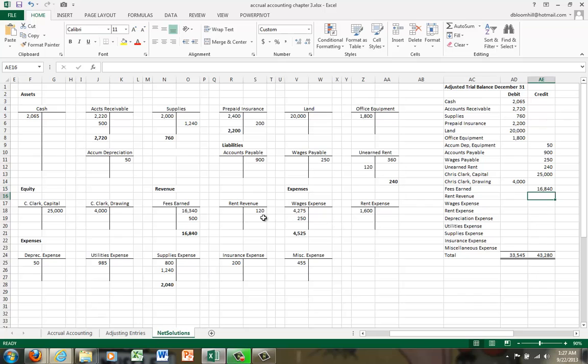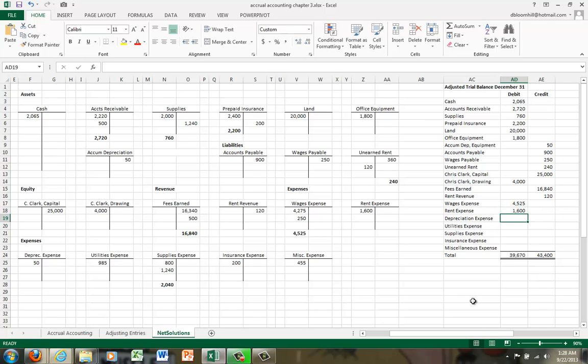Rent revenue, $120 on the credit side. The next account that we have after rent revenue is wages expense, $4,525 on the debit side. The next account that we have after wages expense is our rent expense, $1,600 on the debit side.